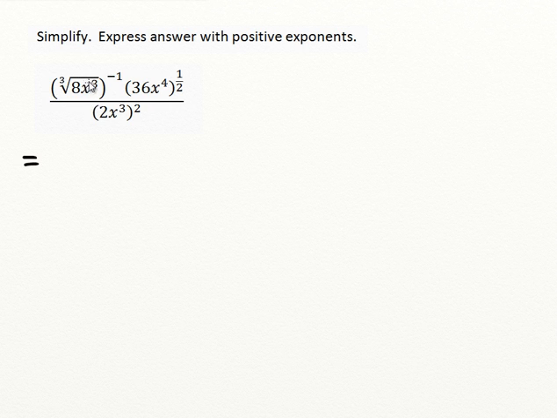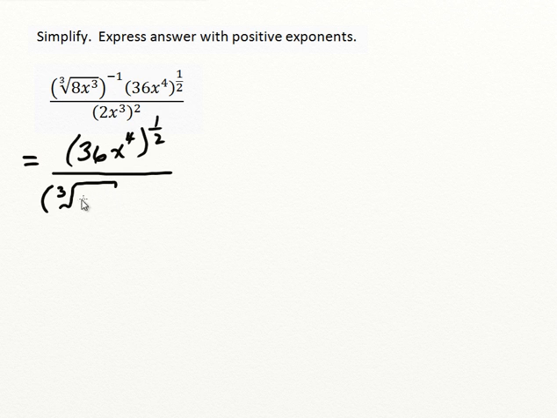I'm going to move that into the bottom, and that will leave 36x to the power of 4, all of that raised to the 1/2 over, and now here comes this cube root of 8x to the exponent 3, 8x cubed, and that would have the exponent +1.